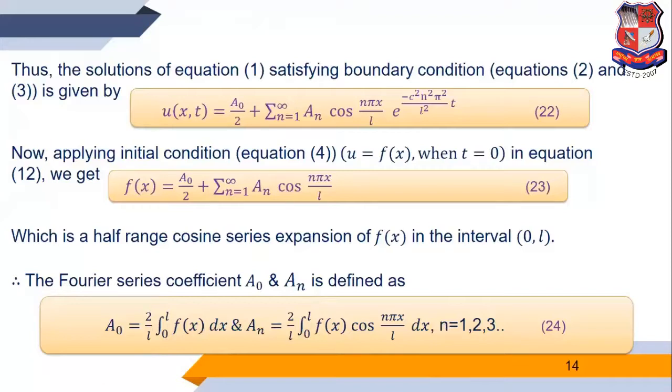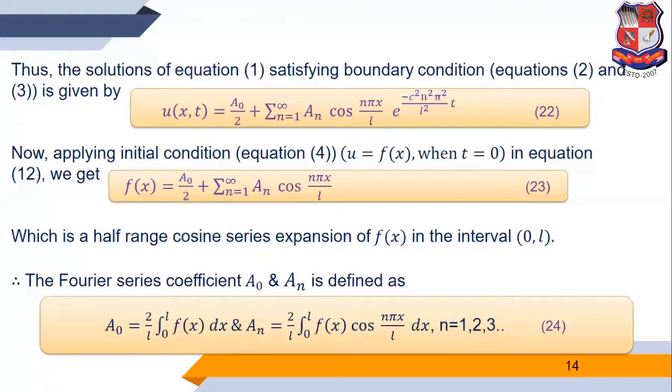So, problem 2, heat flow in insulated ends. That means no heat flow in both ends.